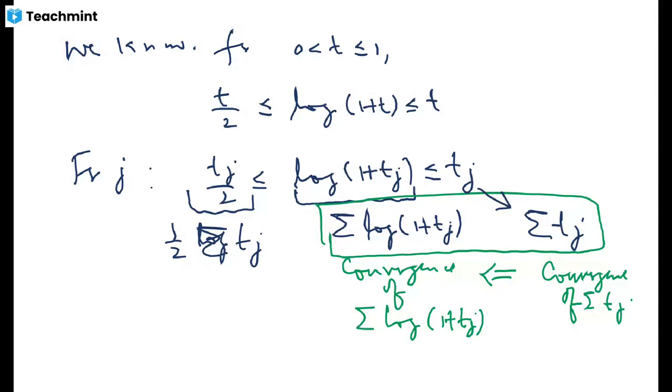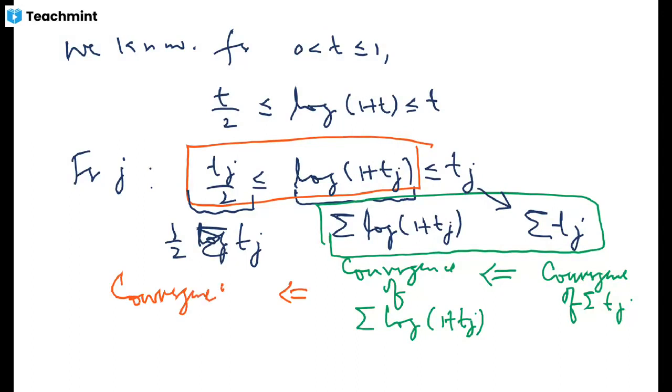Now let us look at the left half of this inequality. In case of the left half, the dominating terms are from the series summation log 1 plus tj, so the convergence of this will imply the convergence of summation tj by 2; 1 by 2 को आप बाहर निकाल सकते हैं, that hardly matters, 1 by 2 is a constant.